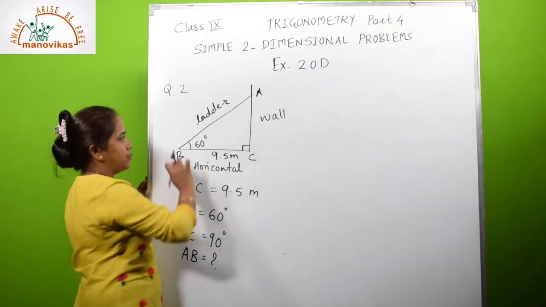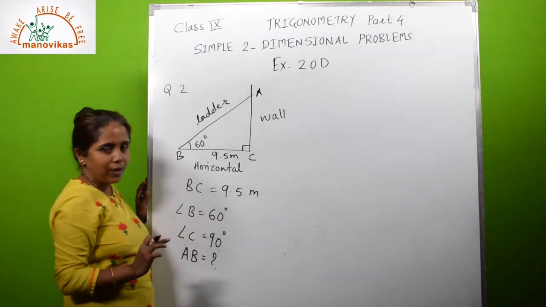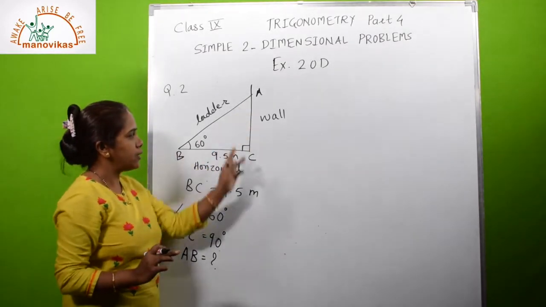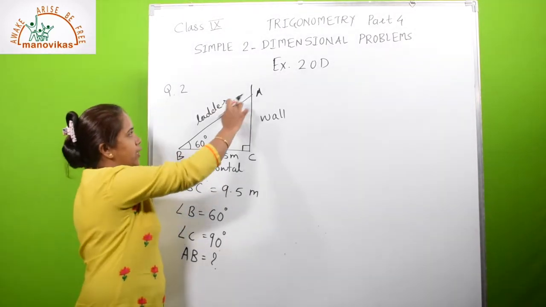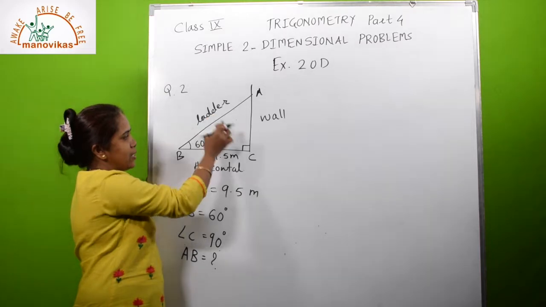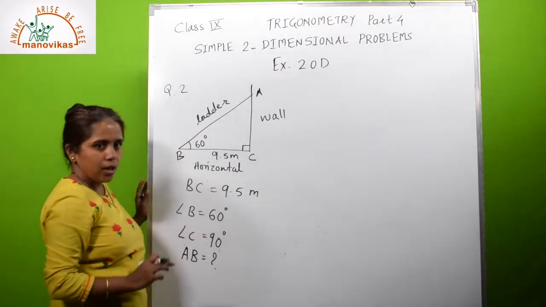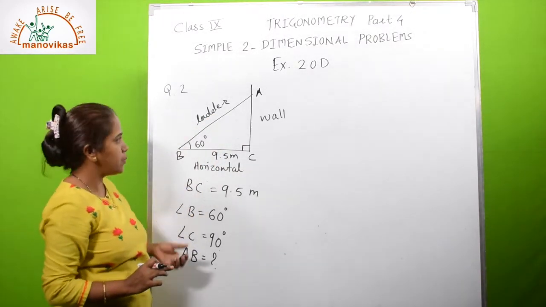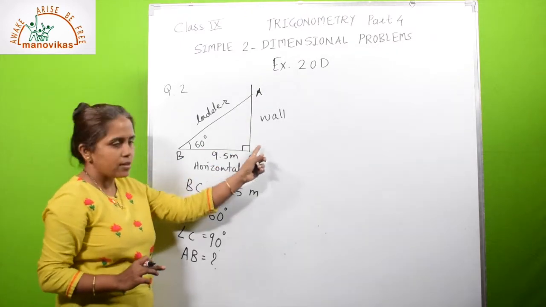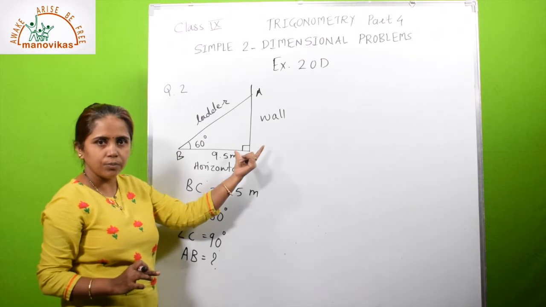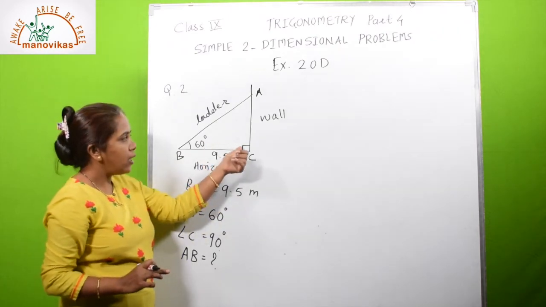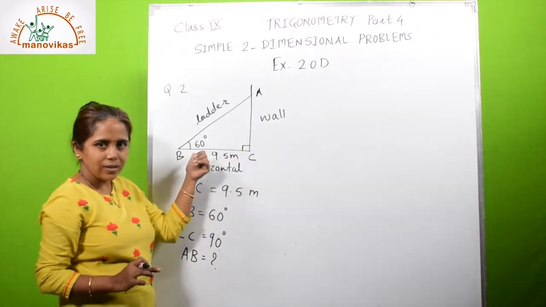This is the unknown term that we have to find. Now a right angle triangle is given, one side 9.5 is given. We have to find AB, which you can see is the hypotenuse. But the AC distance is also not given, which means we cannot use the Pythagoras theorem here. The angle is given, the right angle is there, one side is given.